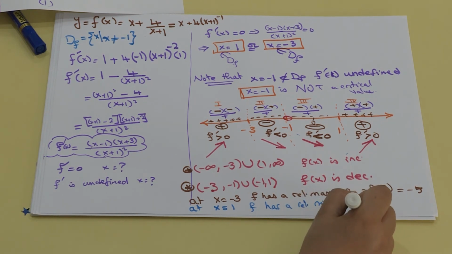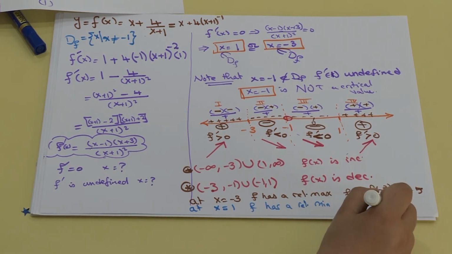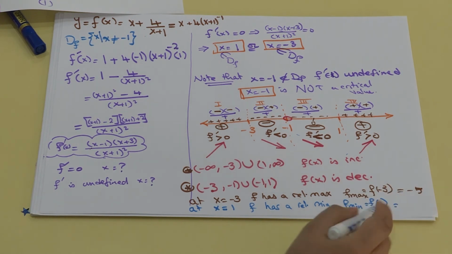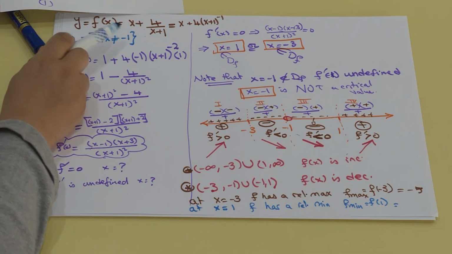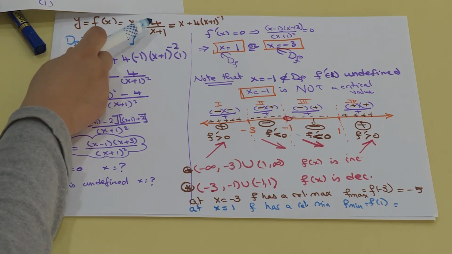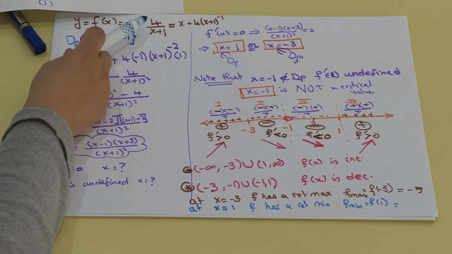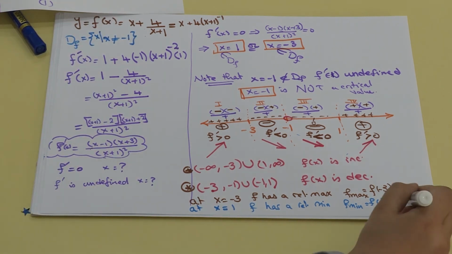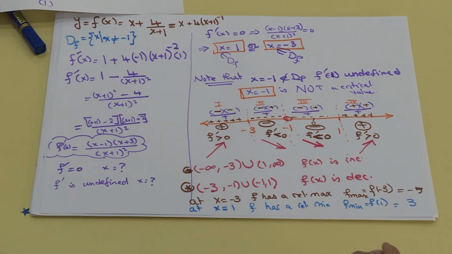F minimum equals f of 1, which is equal to, I go to the original function up there again, and I replace every x by 1. 1 plus 4 over 1 plus 1, it is 5 over 2, so this is equal to 3. And that's it for this example. Thank you.